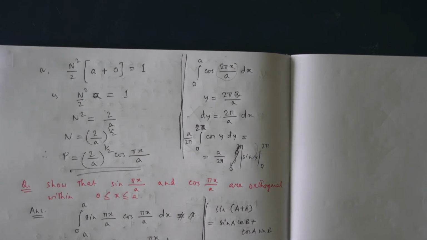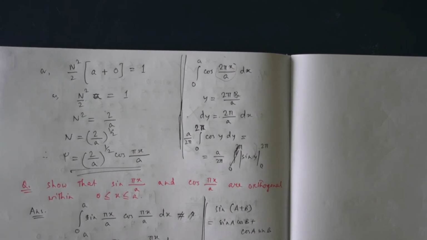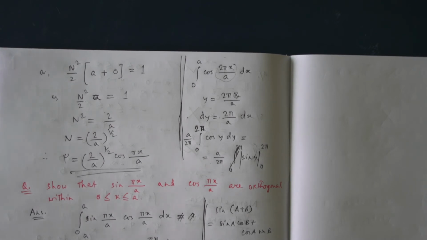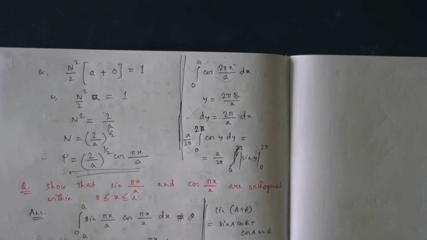Now if you do the integration, you will have minus a by 2 pi cos 2 pi x by a, from 0 to a.